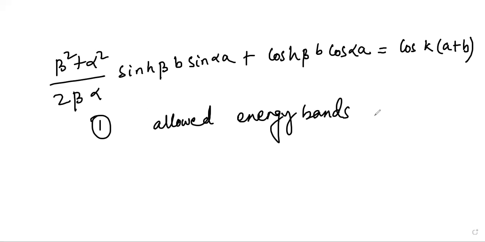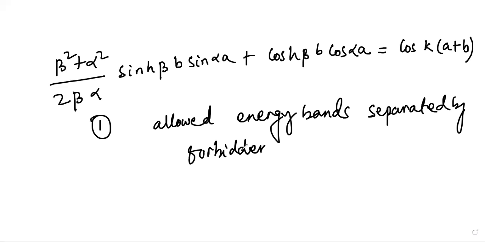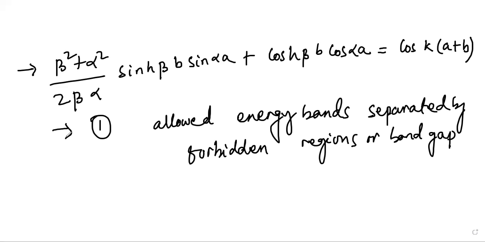So if you study this equation, it will give us information about the allowed energy bands separated by forbidden energy regions, which we call band gaps. So studying this equation, we can obtain information about the allowed energy bands and the band gap.